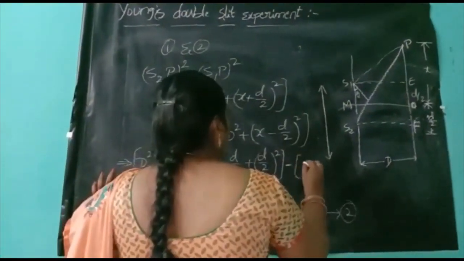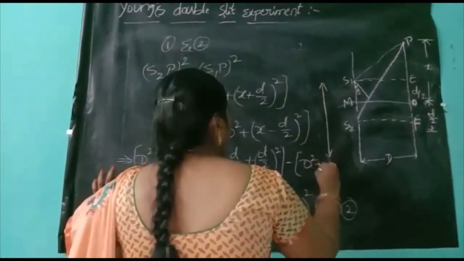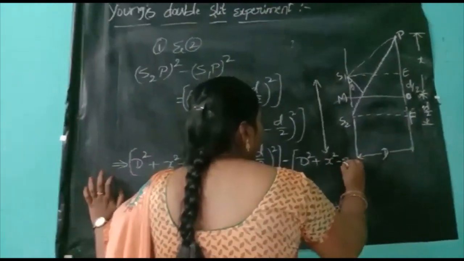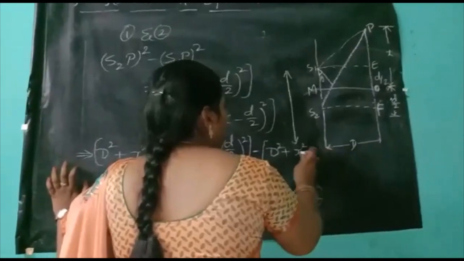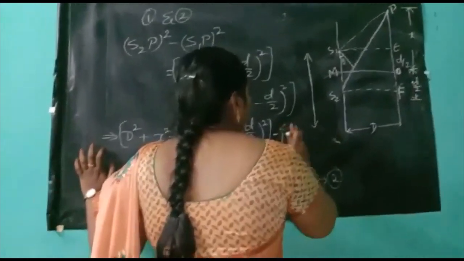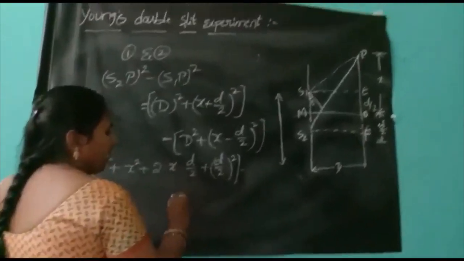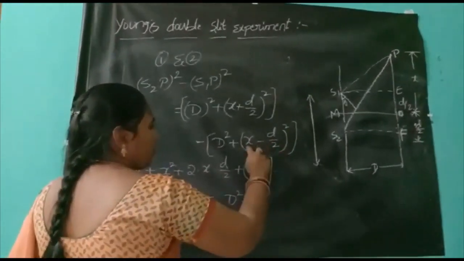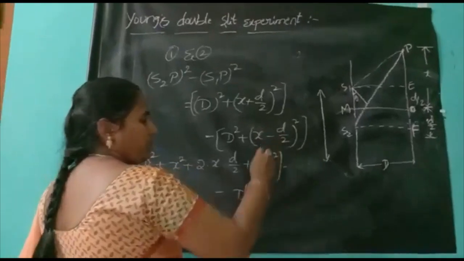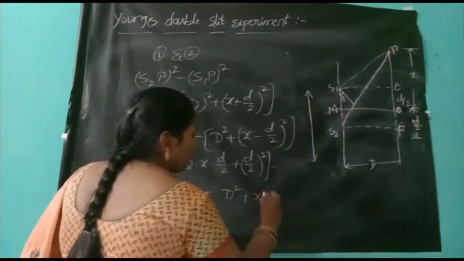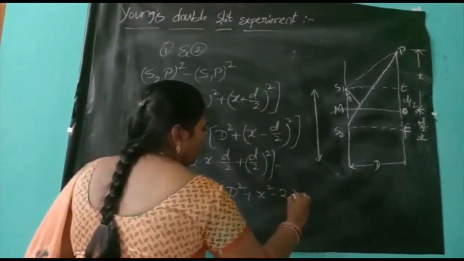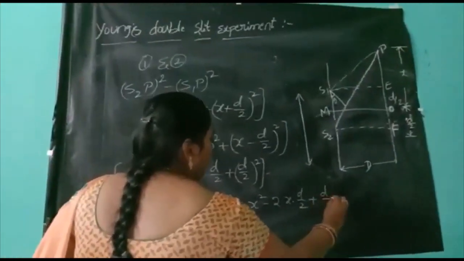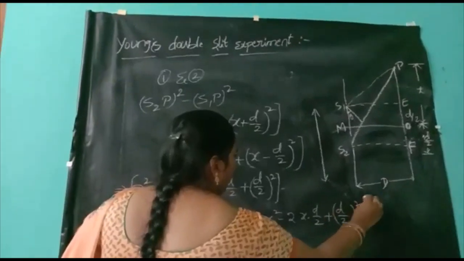And this is the A minus B whole square formula, A square minus 2AB plus B square: x square minus 2 into x into d by 2 plus d by 2 whole square.